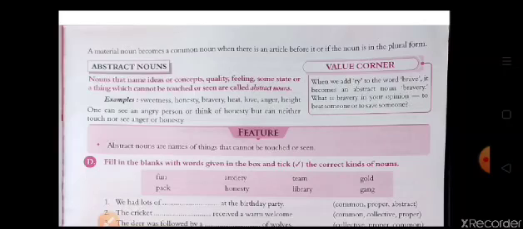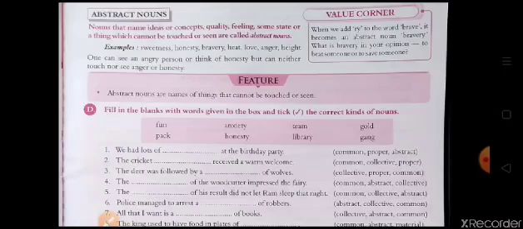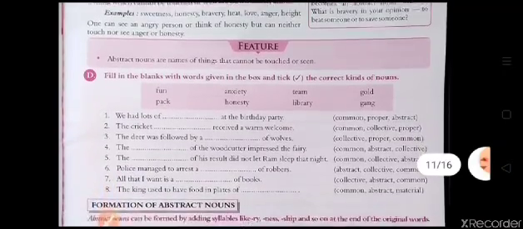One can see an angry person or think of honesty but can neither touch nor see anger or honesty. So these are the abstract nouns which we cannot see. We just feel them. Abstract nouns are names of things that cannot be touched or seen. These are the features of abstract nouns.